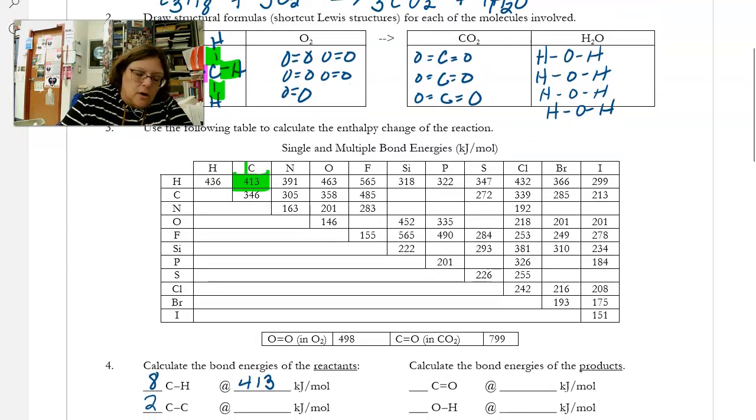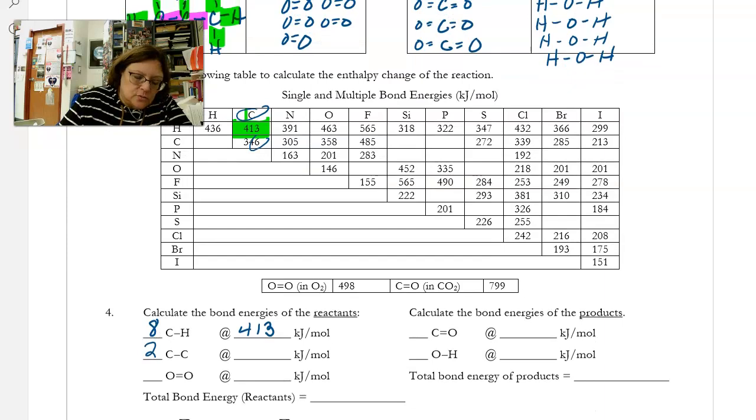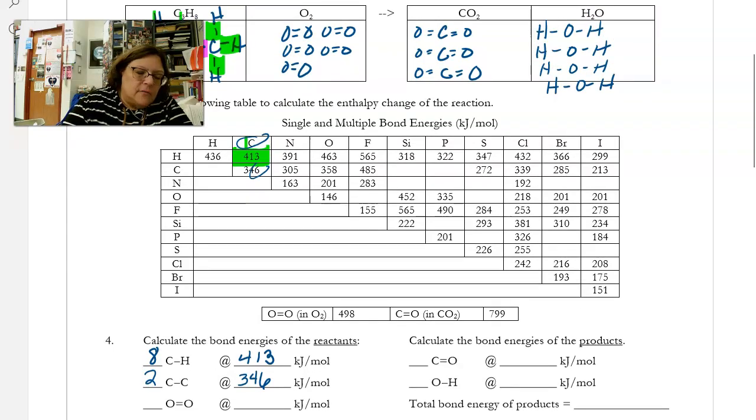Each carbon-carbon is 346 kilojoules in a mole. Third, we have oxygen, and there are 5 double-bonded oxygens. Double-bonded oxygen is 498.